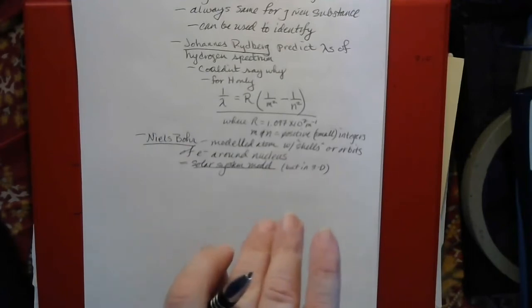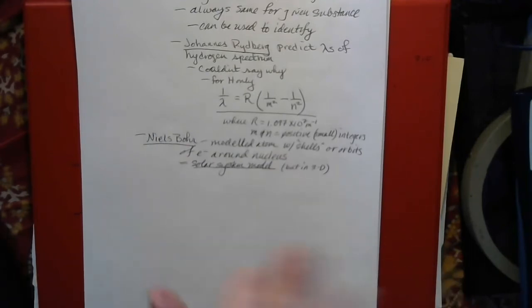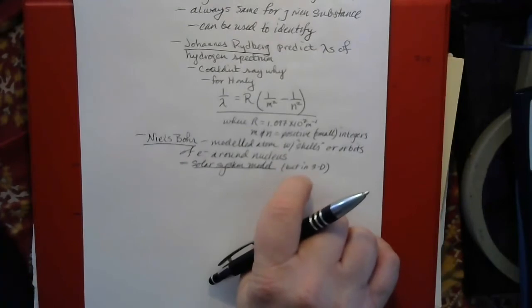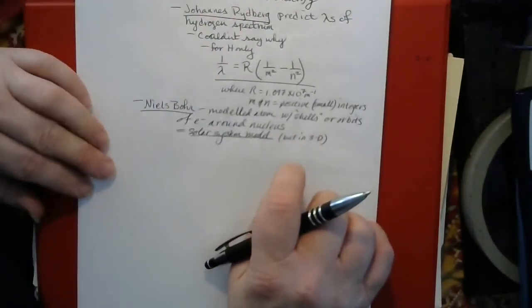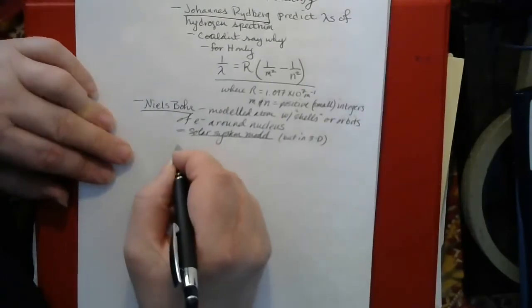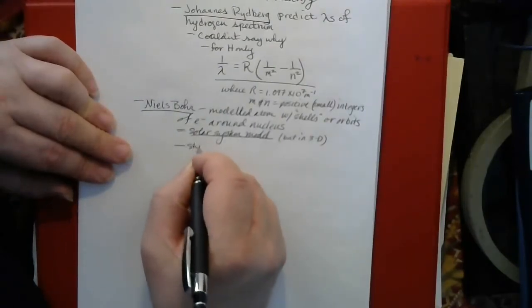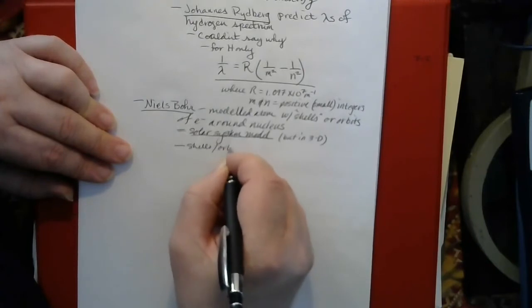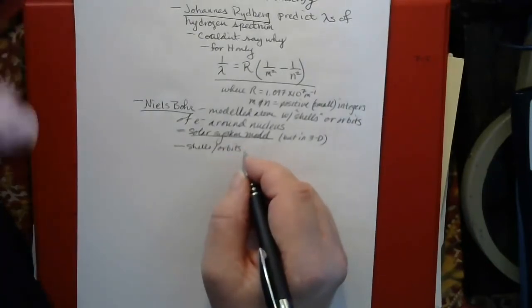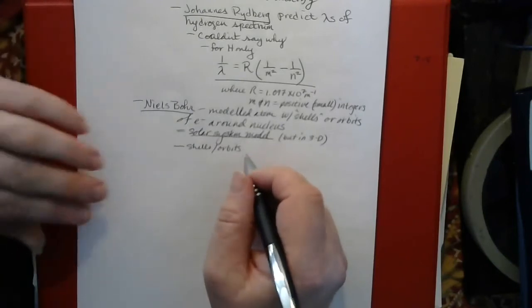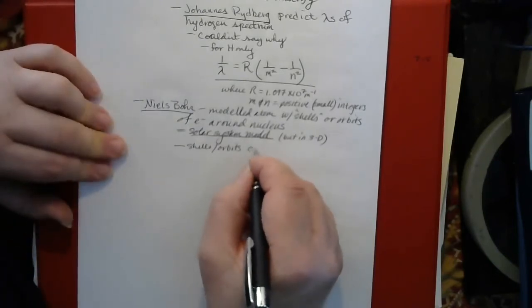Sometimes that planet might have one or more moons, but generally only one planet. You can have several electrons per orbit. According to this model, the shells or the orbits can only exist at certain distances from the nucleus for a given element.